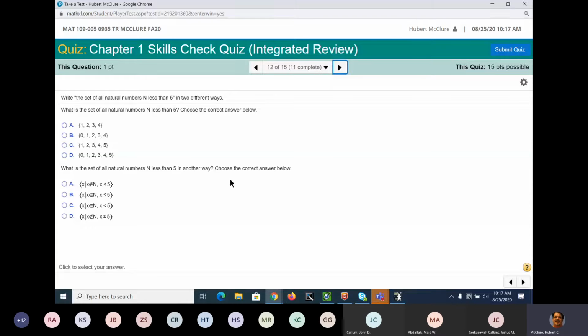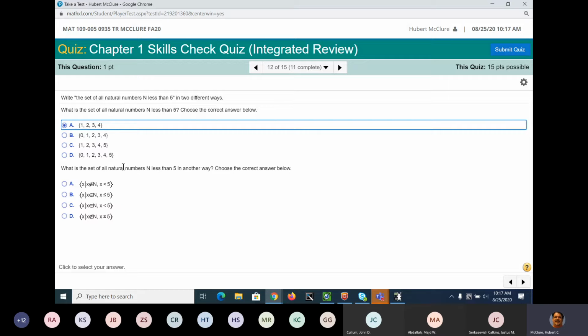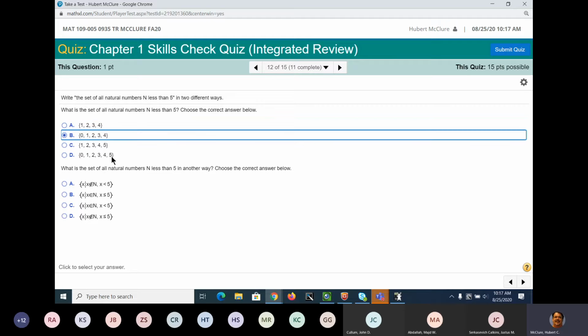It does not touch 5. So that means A. Well, does it go to 0? Got to ask yourself that. Technically, it's these numbers, because 0 is less than 5.